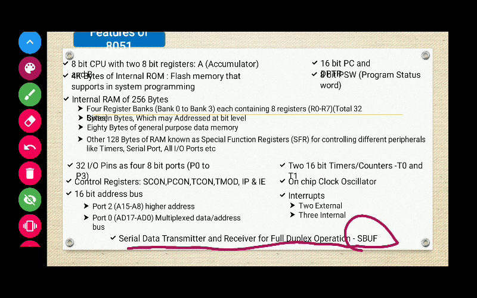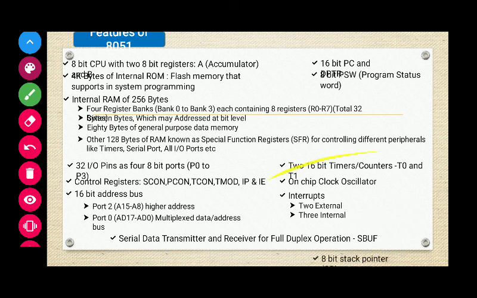It is used for serial data transmission and reception in full duplex operation, and it has an 8-bit stack pointer, that is SP. So all these are the features of 8051.